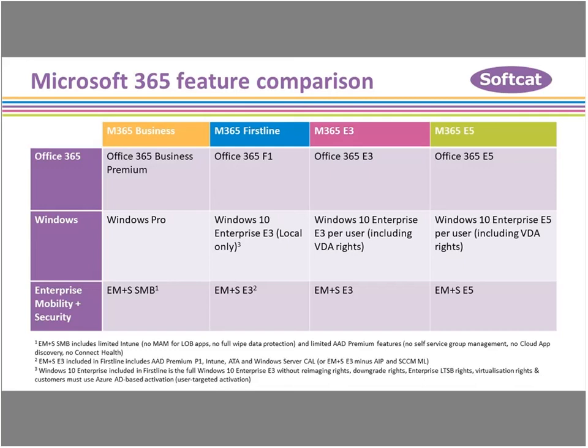Worth noting, it's an important note, in terms of those M365 E3 and M365 E5 suites, they do provide dual use rights or hybrid use rights. This is specific to Exchange, SharePoint and Skype for Business.